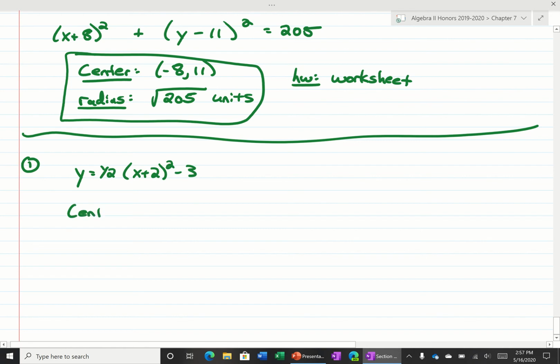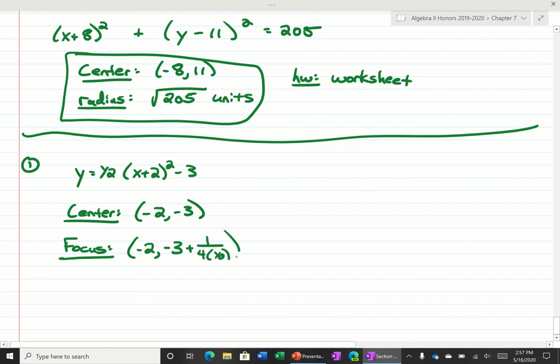So our center would be (h, k), so we're going to the left 2 and down 3. The way we get our focus is we take -2, and then we're going to go with -3 plus 1 over 4a. Our directrix would be y is equal to k minus 1 over 4a.